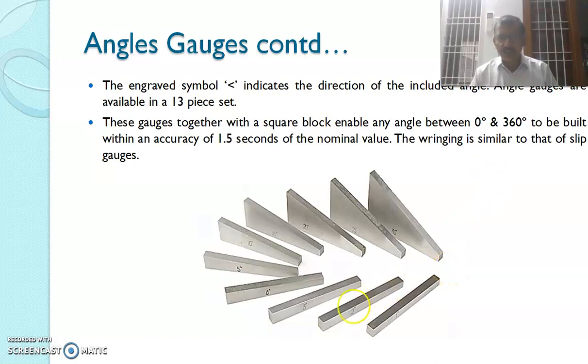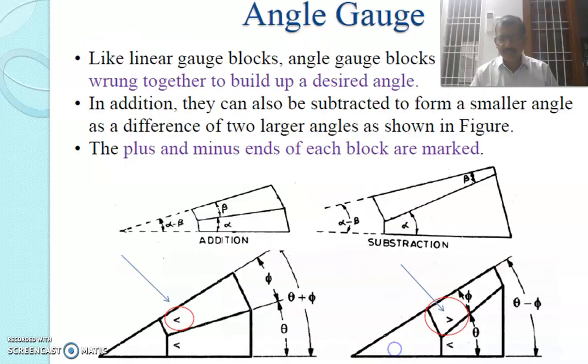The ringing is similar to that of slip gauges. You can add two angle gauges: one angle gauge and another are placed together and wrung together, and you can add the values by placing the less than symbol on the same side.